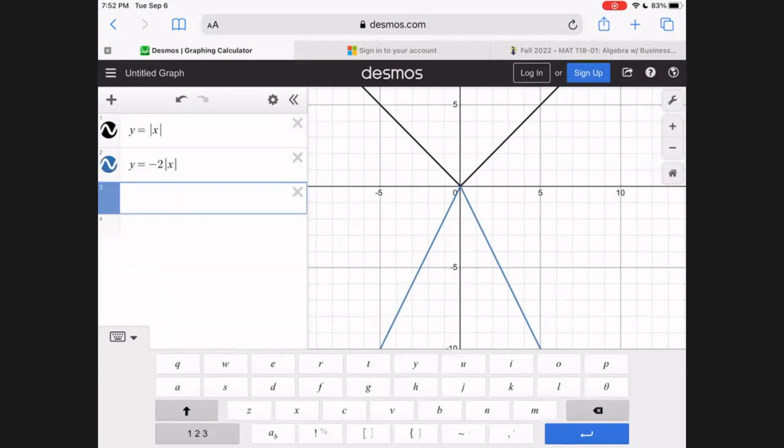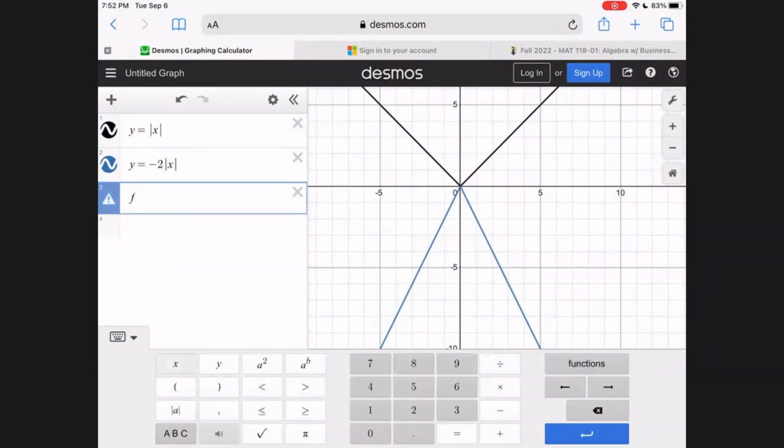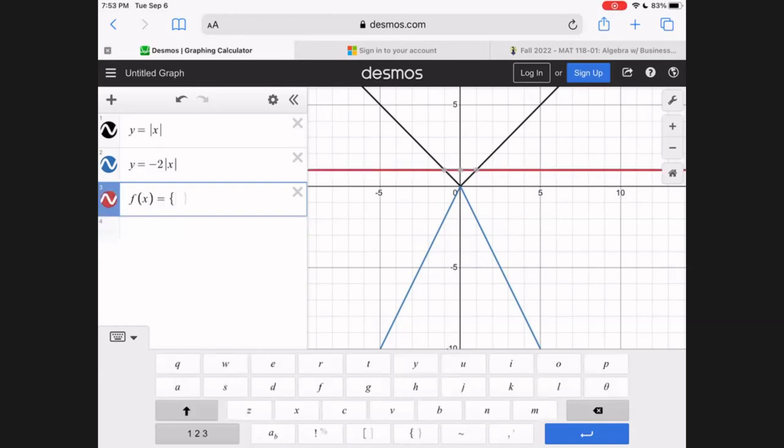Now, for Desmos here, I think there is a way to do this. Let's see. If I do f of x equals, and then if I have this, can I do it? Let me see if I can.